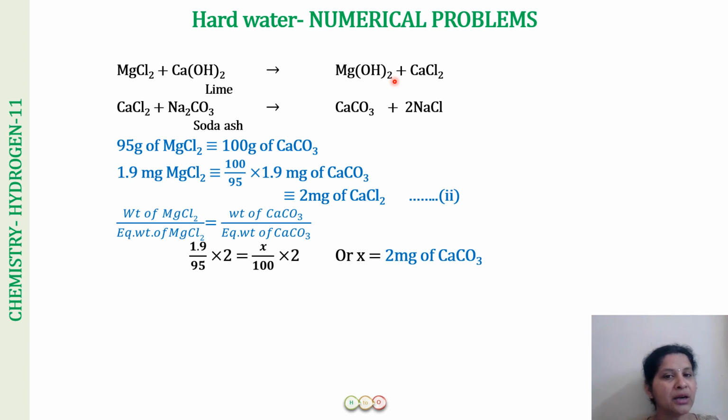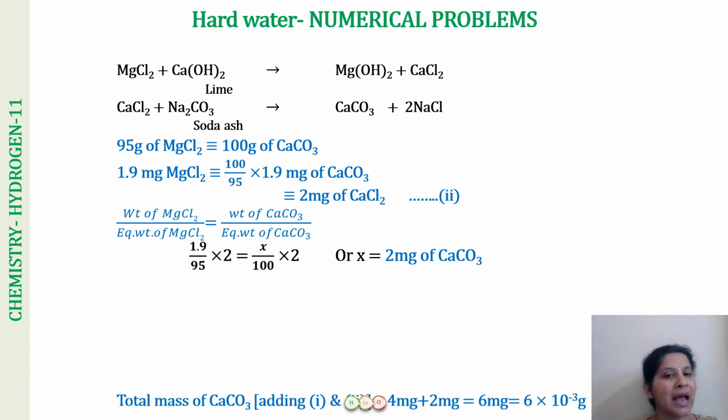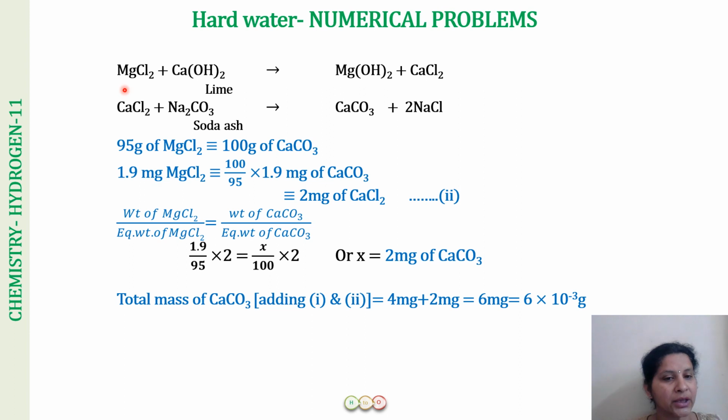Now we have found calcium carbonate which we got from calcium chloride, and which we got from magnesium chloride. Add up the two, and you get the total mass of calcium carbonate as 4 milligram plus 2 milligram, that is 6 milligram. Write it in terms of grams, because the total hardness we are going to express in terms of grams. So it is 6 into 10 power minus 3 grams.